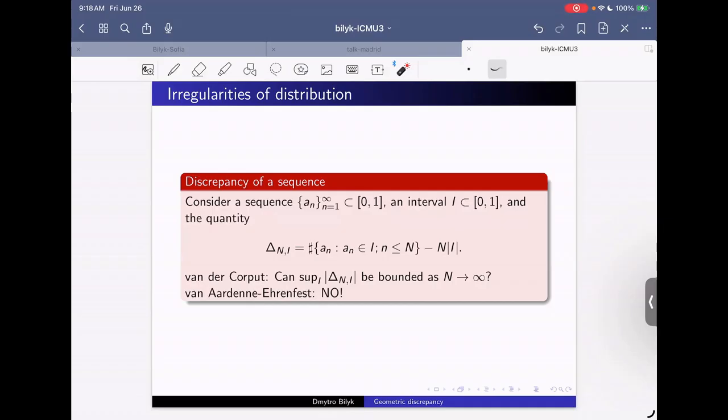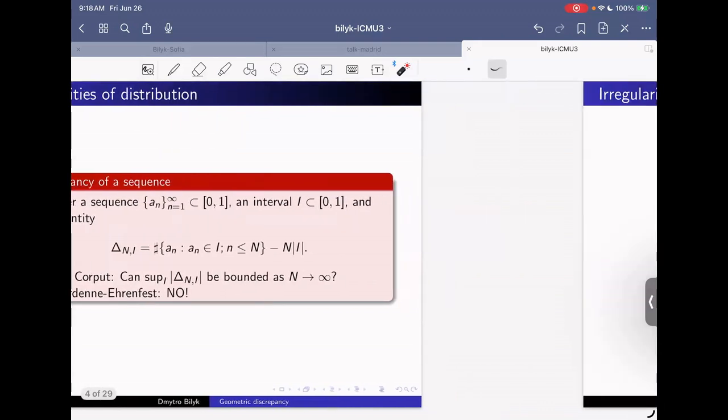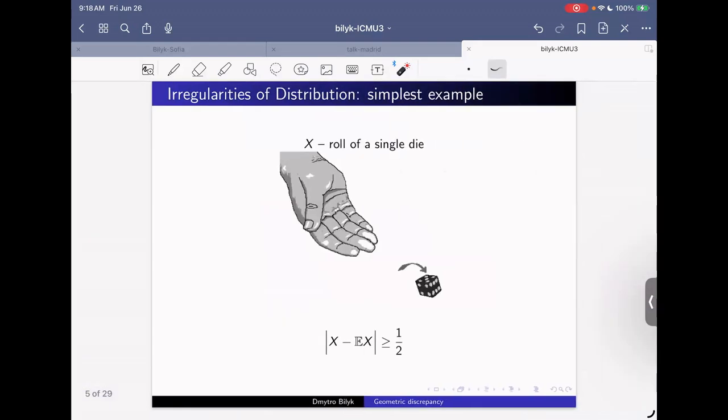So this was the birth of the theory of irregularities of distributions that I mentioned in the first lecture. We talked about a lot in the first lecture, which basically says that discrete objects cannot approximate continuous objects too well. There is always some limitation. So here is a very stupid example of a result in irregularities of distribution.